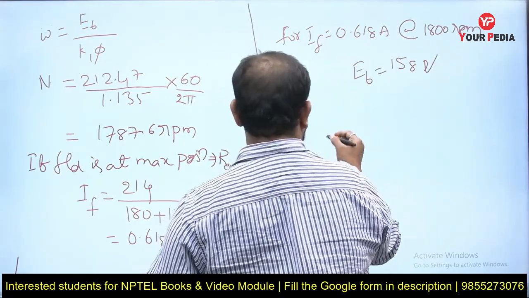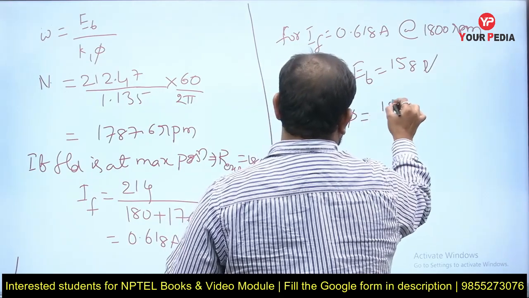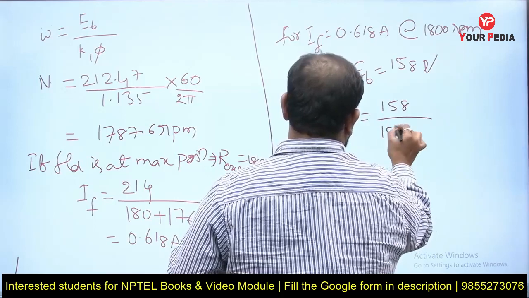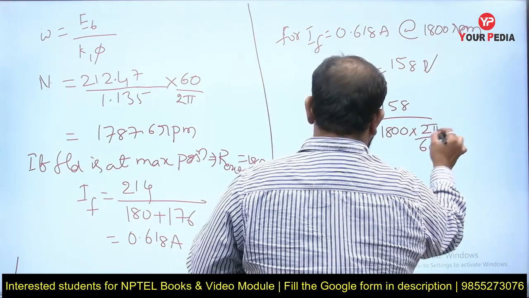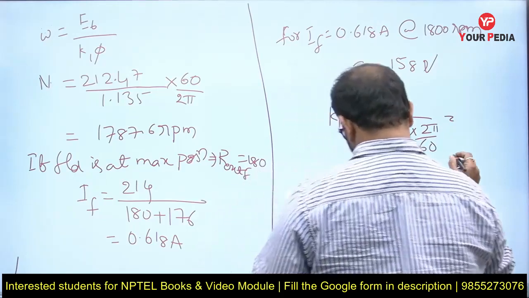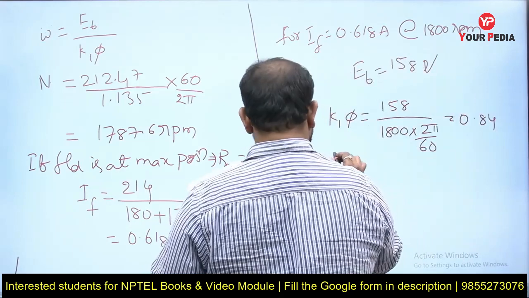So if you have 158 volts, let me calculate K1 pi, which is equal to 158 by 1800 RPM into 2 pi by 60. So this will give you 0.84. From this, what is the omega?